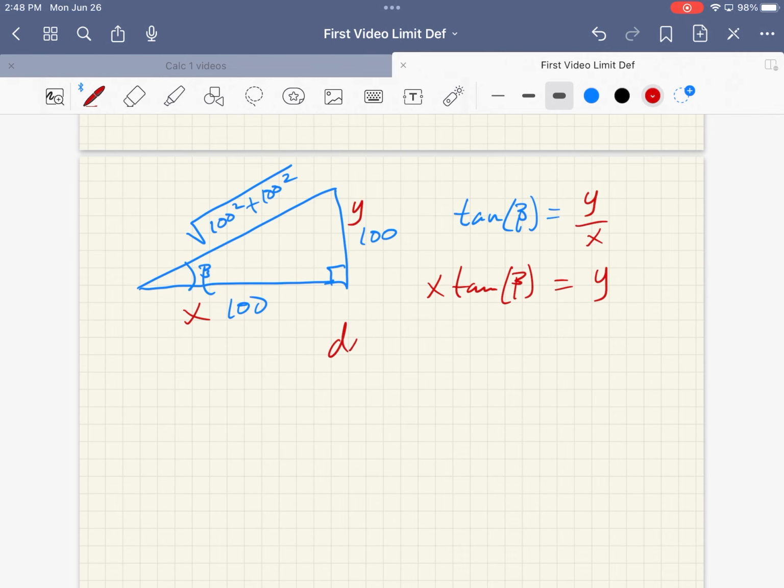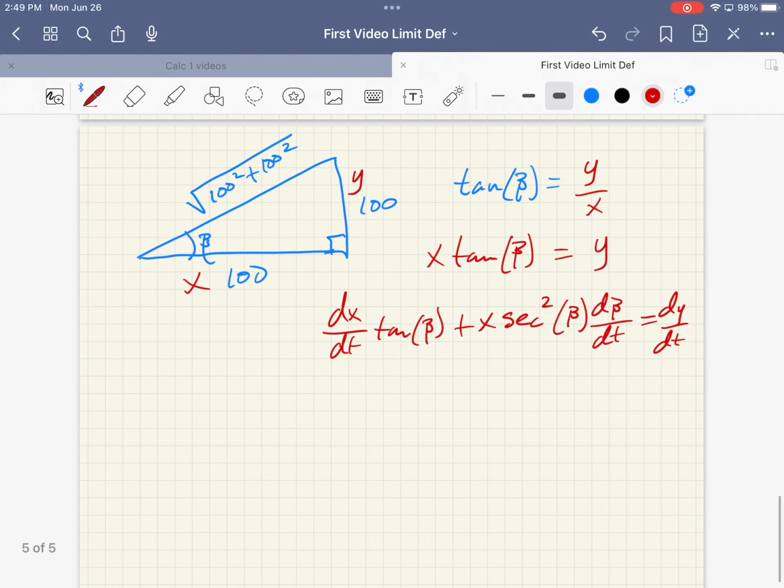And then similarly, I would have dx dt tan of beta plus x times secant squared of beta d beta dt equals dy dt.